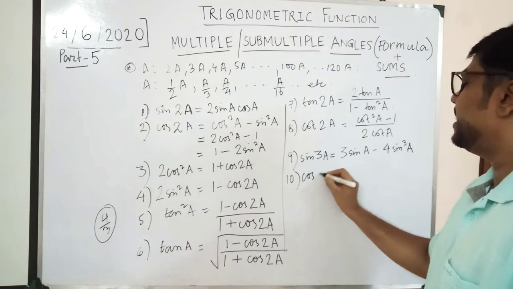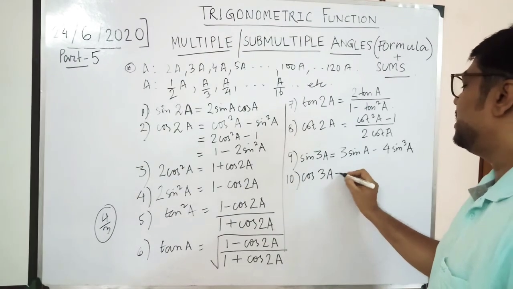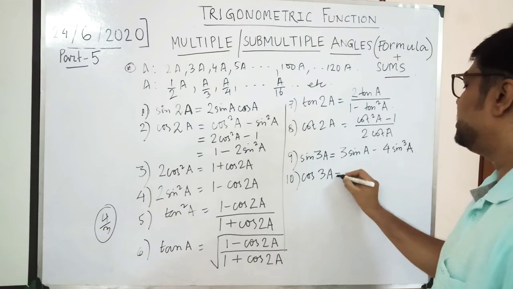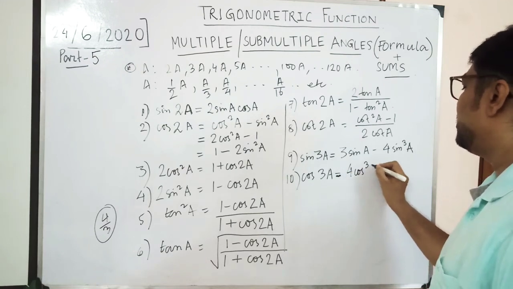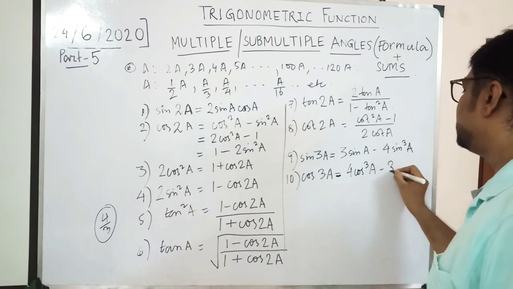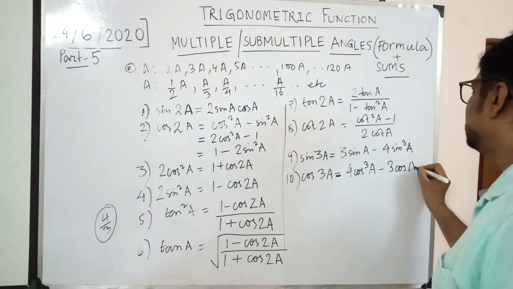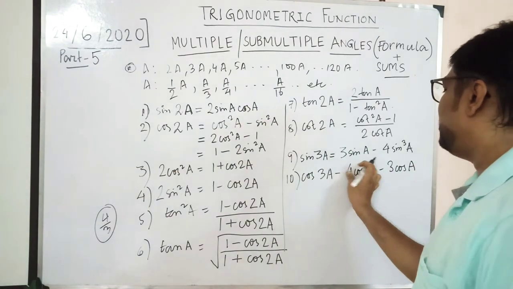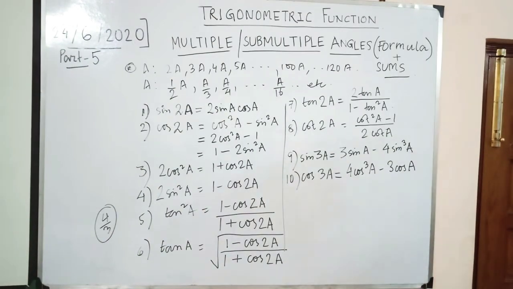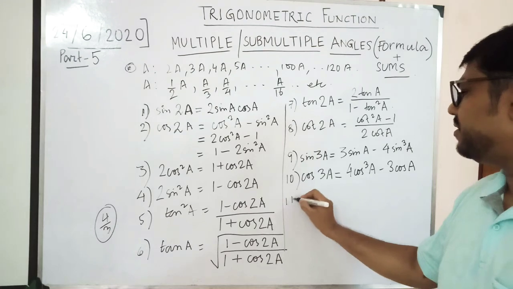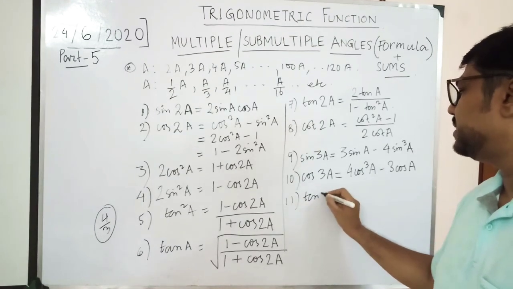So cos 3A next. Cos 3A is kind of alike. You will see this is 4 cos cube A minus 3 cos A. So this is the formula of cos 3A. Now finally I will write the formula for tan 3A.